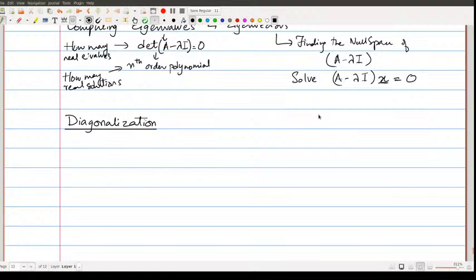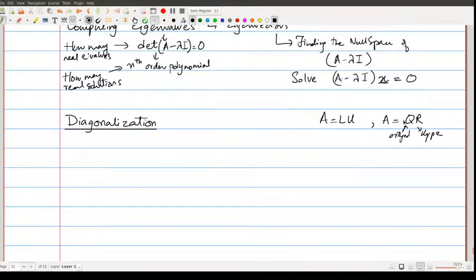If you remember, we've done two factorizations already: A equals LU, where L is a lower triangular matrix and U is an upper triangular matrix, and A equals QR, where Q was an orthogonal matrix and R was an upper triangular matrix, right?